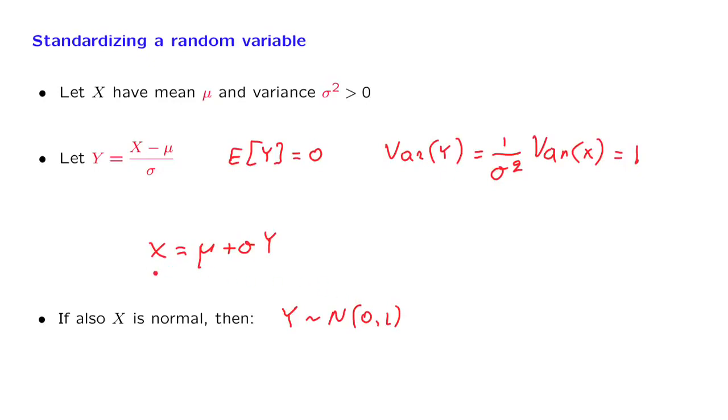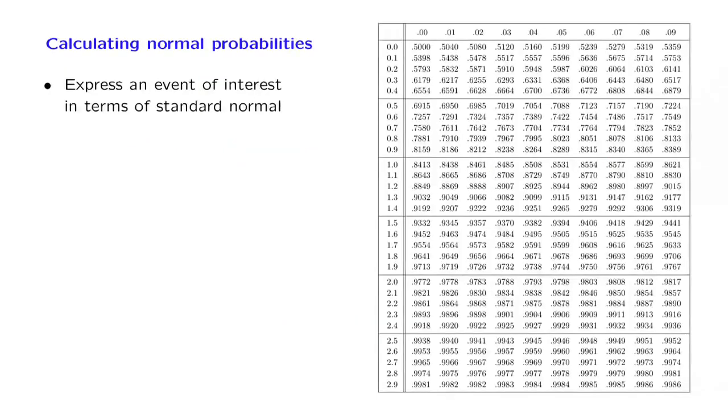So instead of doing calculations having to do with X, we can try to calculate in terms of Y, and for Y we do have available tables. Let us look at an example of how this is done. The way to calculate probabilities associated with general normal random variables is to take the event whose probability we want to calculate and express it in terms of standard normal random variables, and then use the standard normal tables.